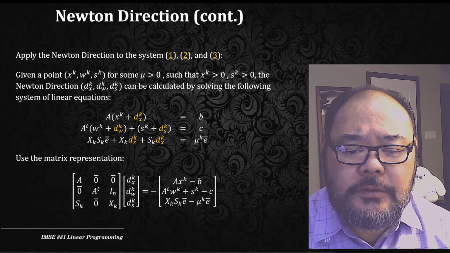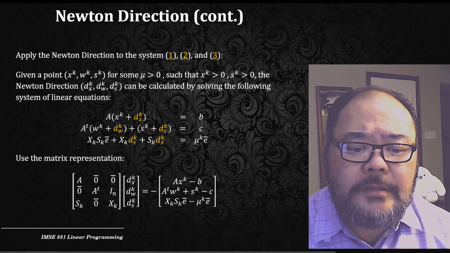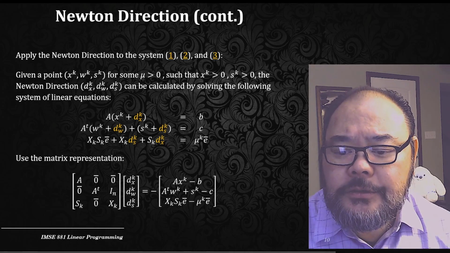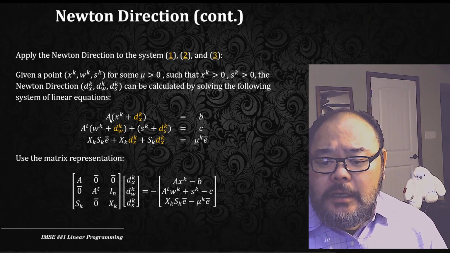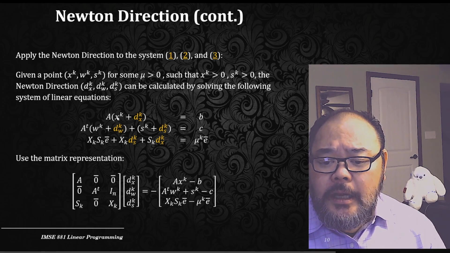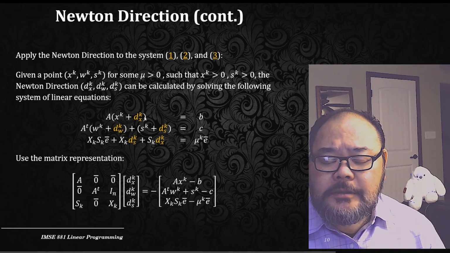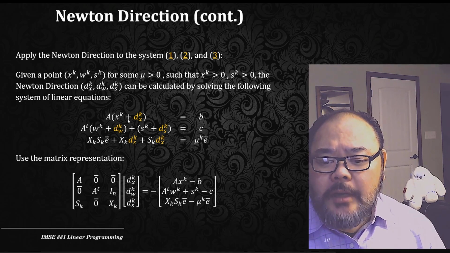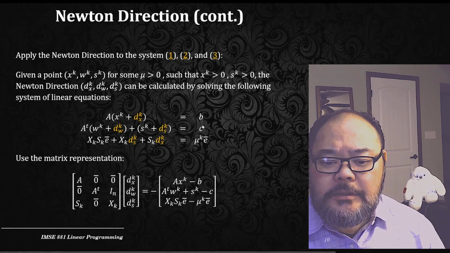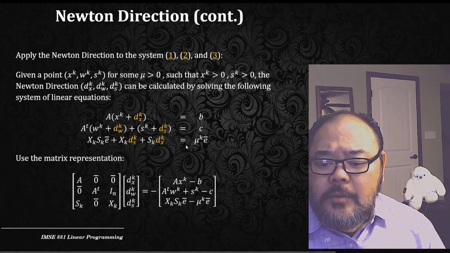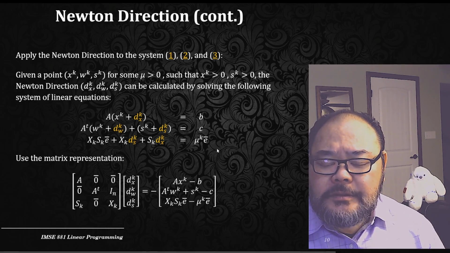Of course, currently xk is greater than 0 and sk is greater than 0. The Newton direction gives: A times xk plus dxk equals b. This is primal feasibility. A transpose times omega k plus d omega k, plus sk plus dsk, equals c. That's dual feasibility. And the final part is the complementary slackness.